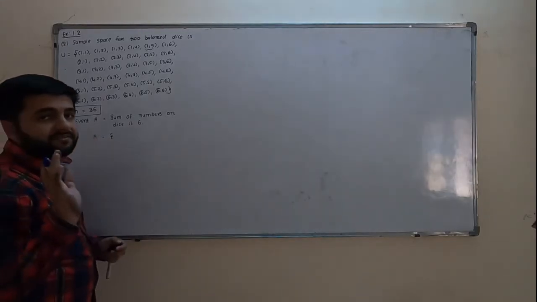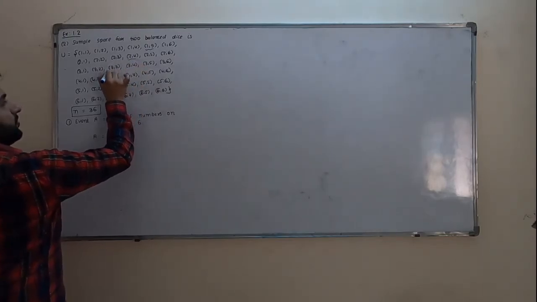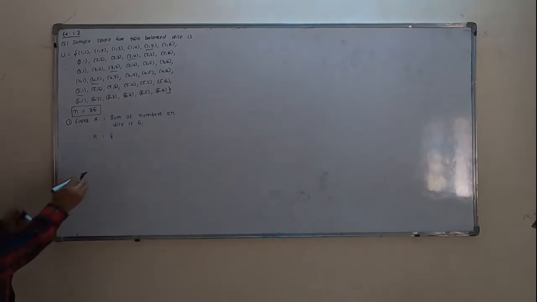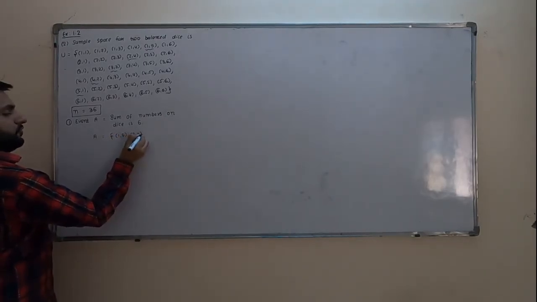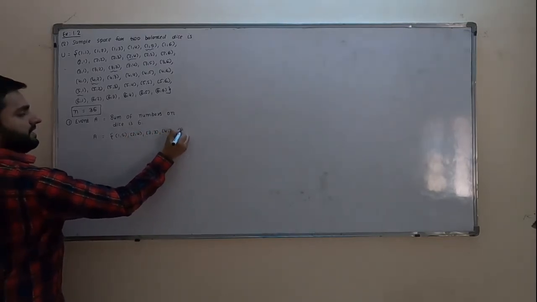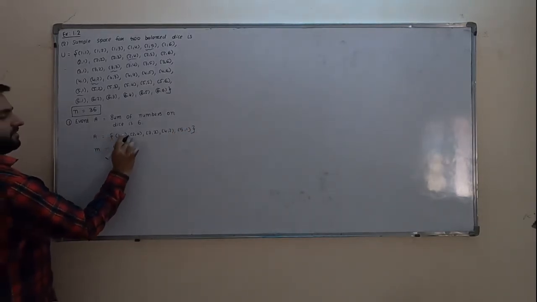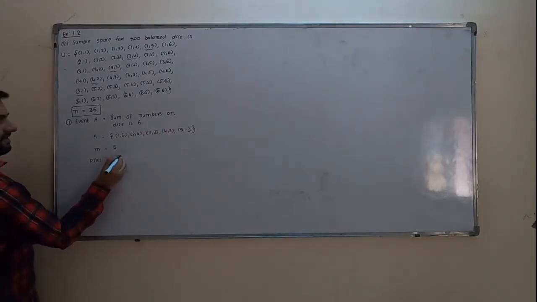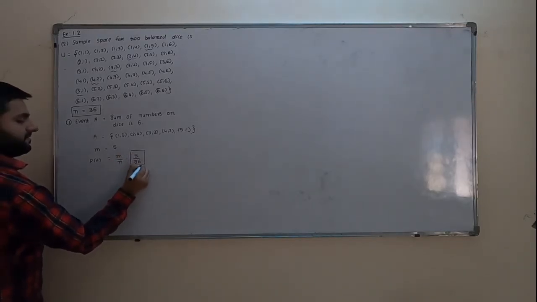Now as I said, if you get 1, 5, all will be on an alternate line: 2 4, 3 3, 4 2, 5 1. So let's write 1 5, 2 4, 3 3, 4 2 and 5 1. So m will be 5. 1 2 3 4 5. So probability of event A, m by n, is 5 by 36.